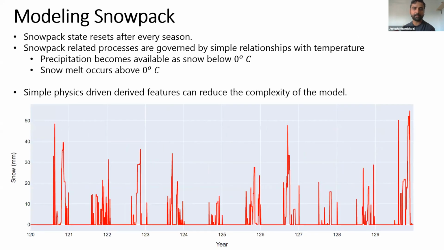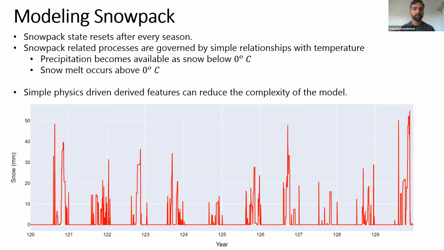And similarly, if we look at snowpack as a state variable, it resets after every season in almost all geographies. And then, within the winter season, it could drastically drop down to 0 as well. So it has that property of accumulation and dissipation, but it happens much faster than soil water.